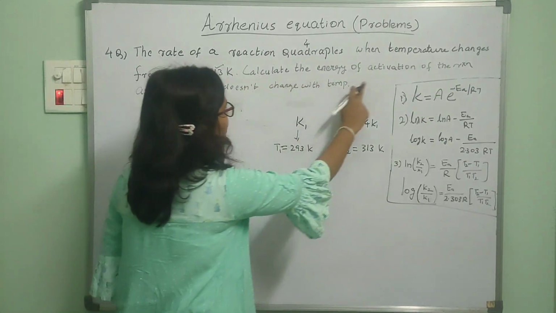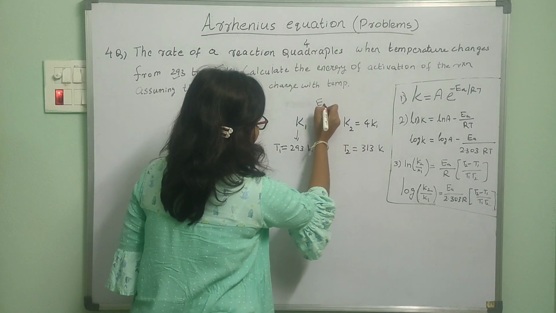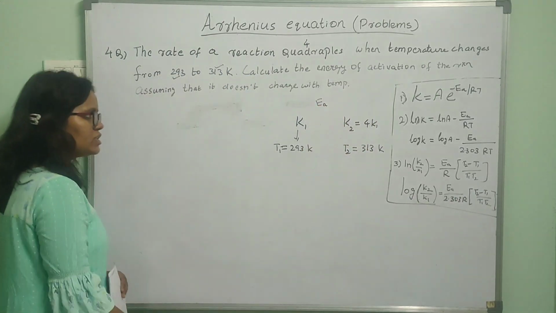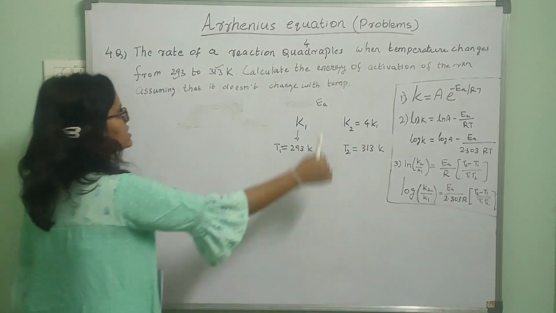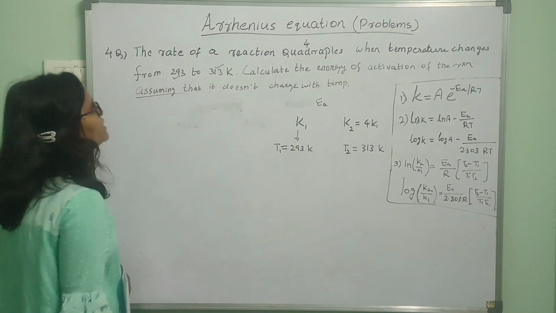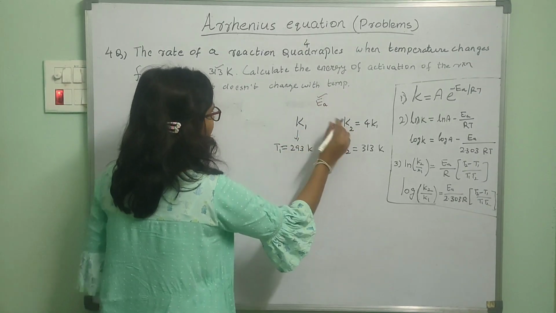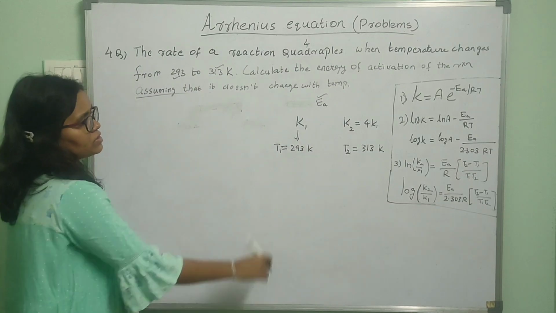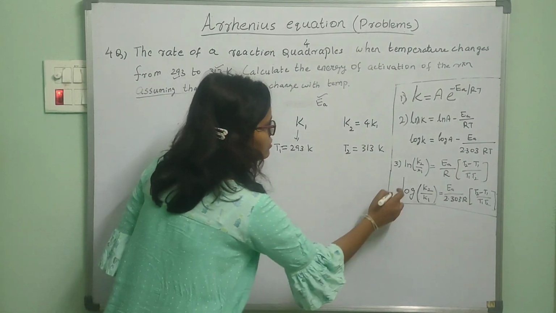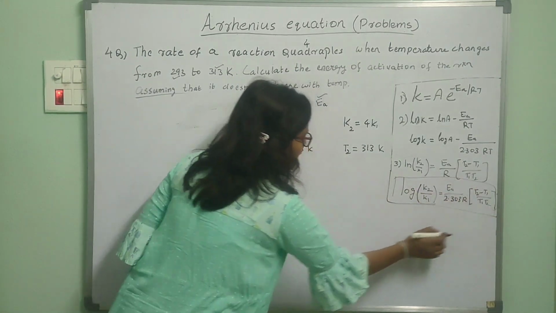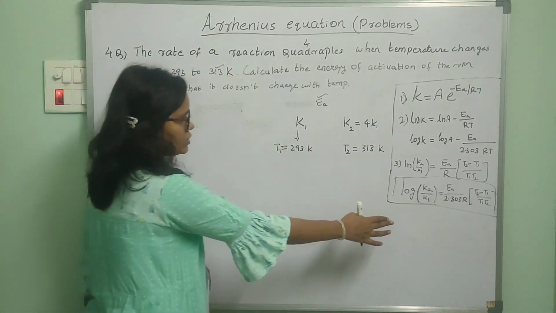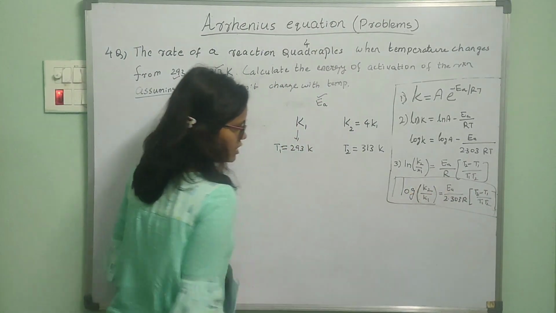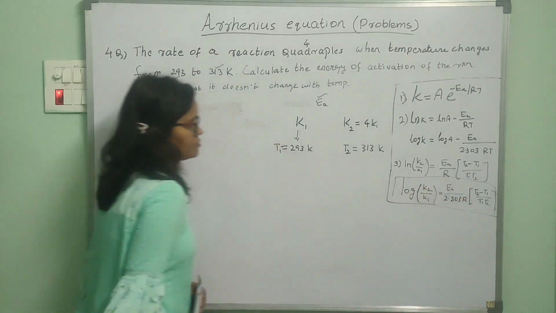Now we are asked to find out the value of activation energy. So this activation energy, it also depends on temperature, but they said that we need to assume that it is independent of temperature and find out the value of EA. So which equation would we use? We would definitely use this equation, right? So you have K1, K2, you don't have EA, you have T2 and T1.